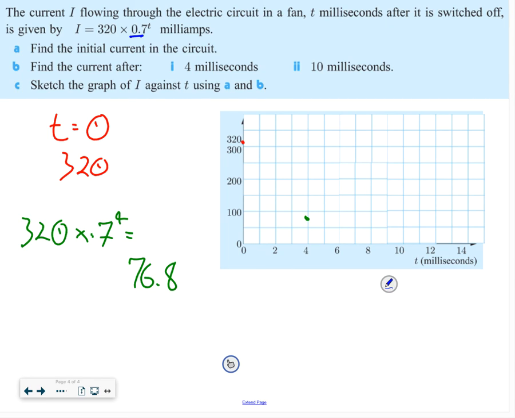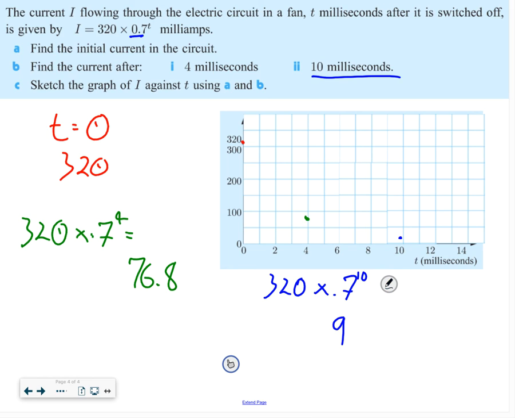And then after 10 milliseconds, we do 320 times 0.7 to the 10th. Again, using my calculator, I'm going to see that this is now down to 9 as my current. So at 10, we're down to 9, so we're getting really close.